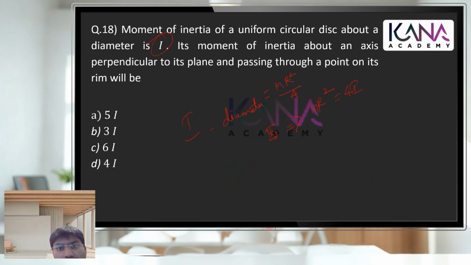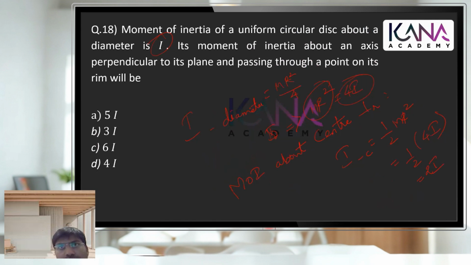And now we need the moment of inertia about the center, perpendicular. So I center will be half m r square. So this m r square is 4I, so this will be 4 times I by 2. So it will be 2I.